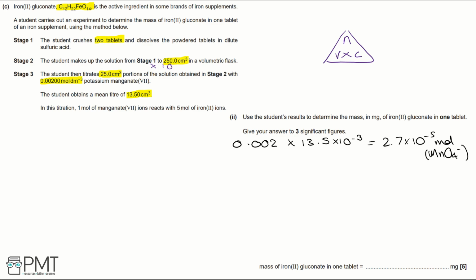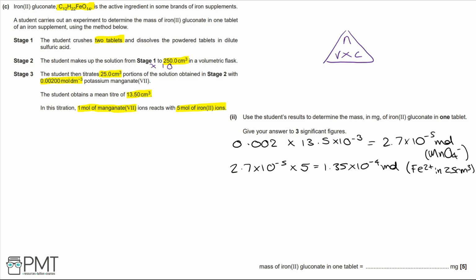And then we need to work out the moles of Fe2 plus. We're told in the question that 1 mole of manganate 7 ions reacts with 5 moles of iron 2 ions. So that means to work out its moles, we do 2.7 times 10 to the negative 5 multiplied by 5, and that gets us 1.35 times 10 to the negative 4 moles of Fe2 plus in 25 centimetres cubed.